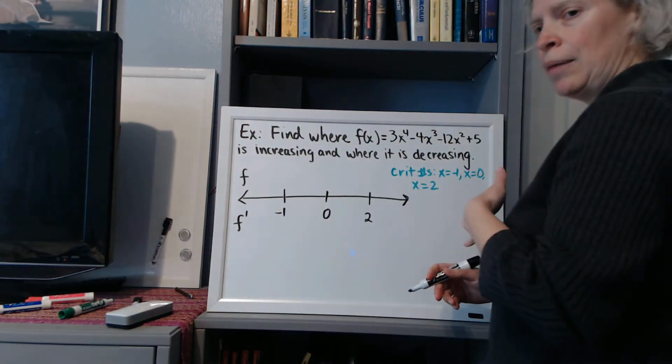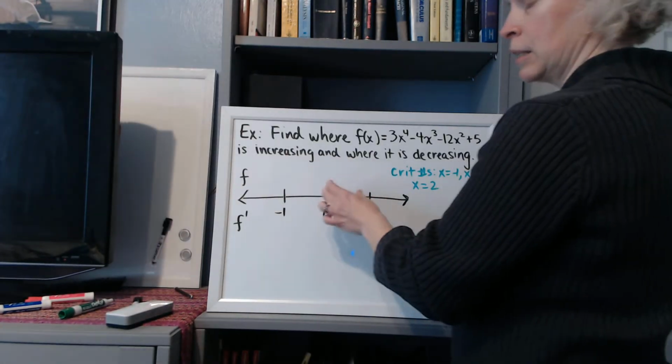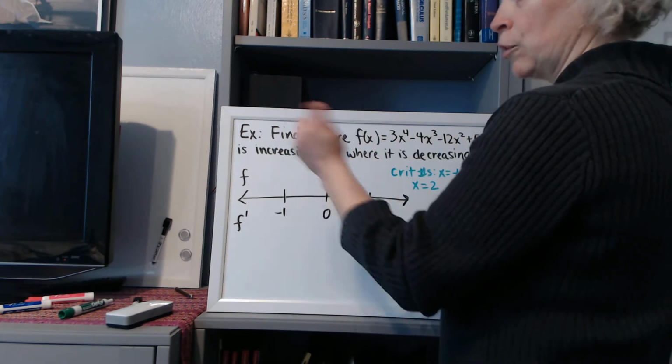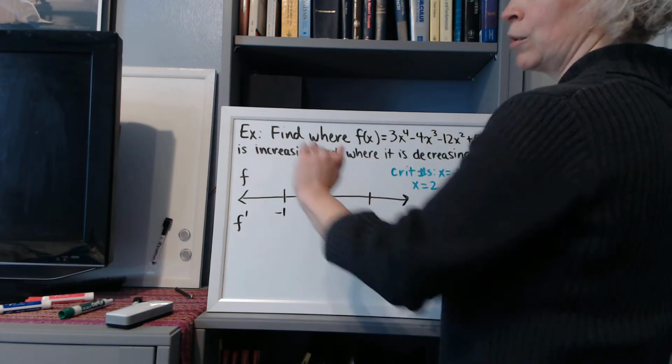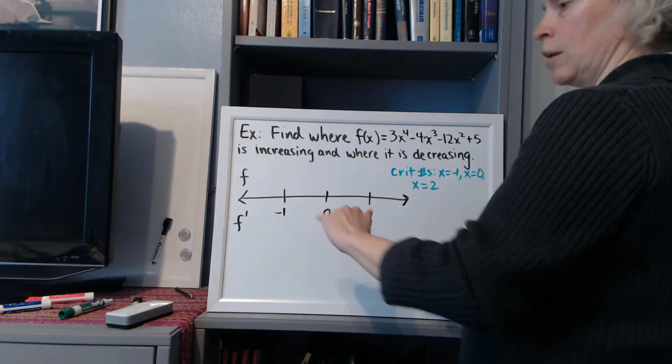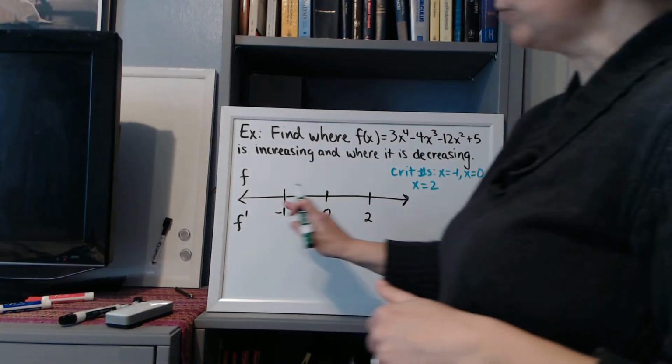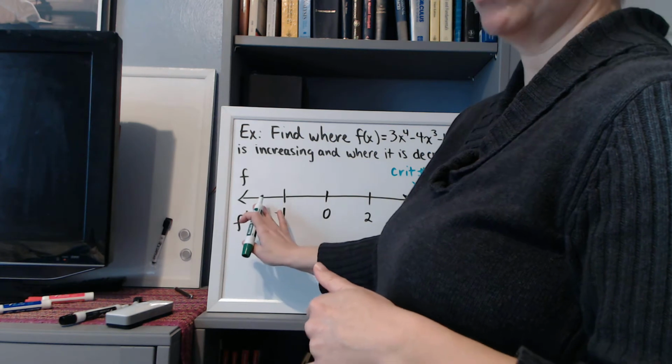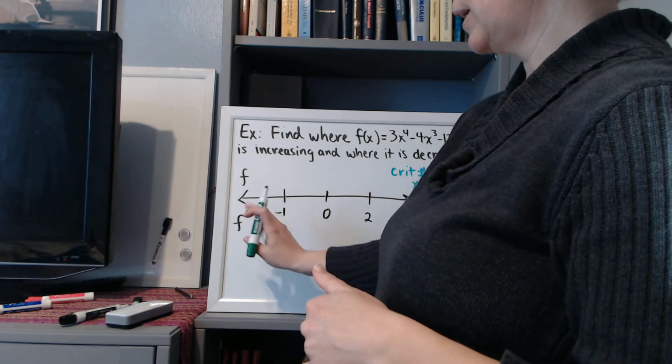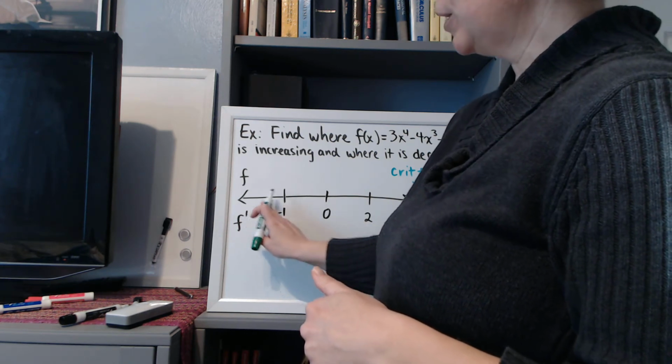Now, according to our key idea, the critical numbers break up the number line into segments where the derivative is either positive or negative, which will tell us whether the function is increasing or decreasing. And in order to figure out whether the derivative is positive or negative, all we do is pick a value. They called it p in the key idea. We pick a number in this interval.